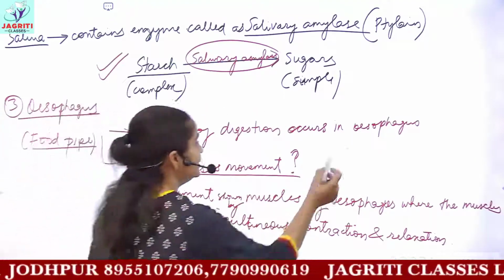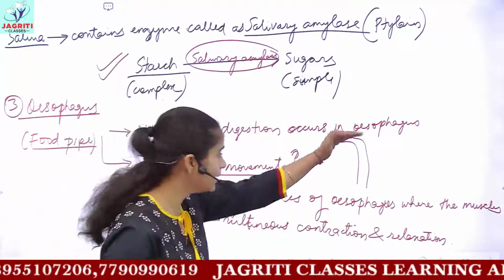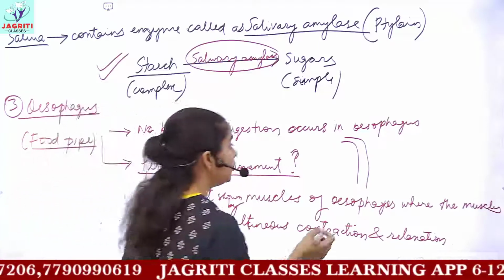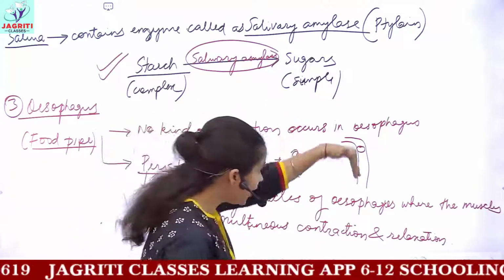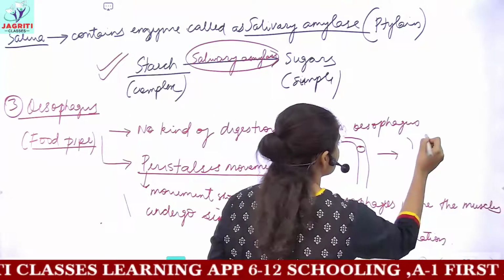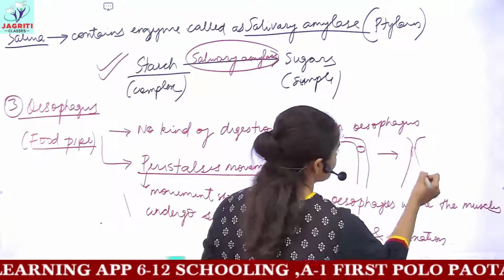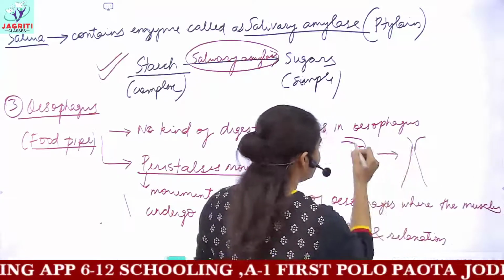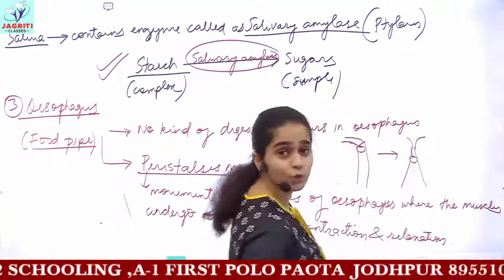The esophagus is generally present in this manner: from the mouth, the buccal cavity, this is your food pipe. When the food comes into the esophagus, to push it downwards, the esophagus gets contracted and the lower regions get expanded, so the food particle is pushed down.